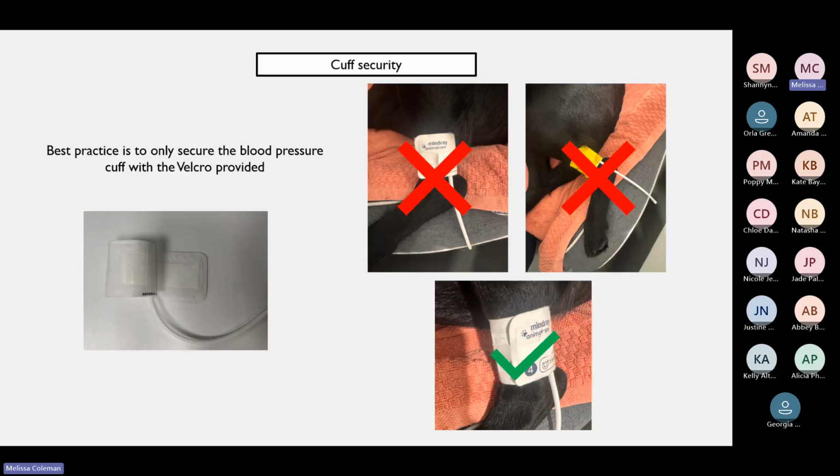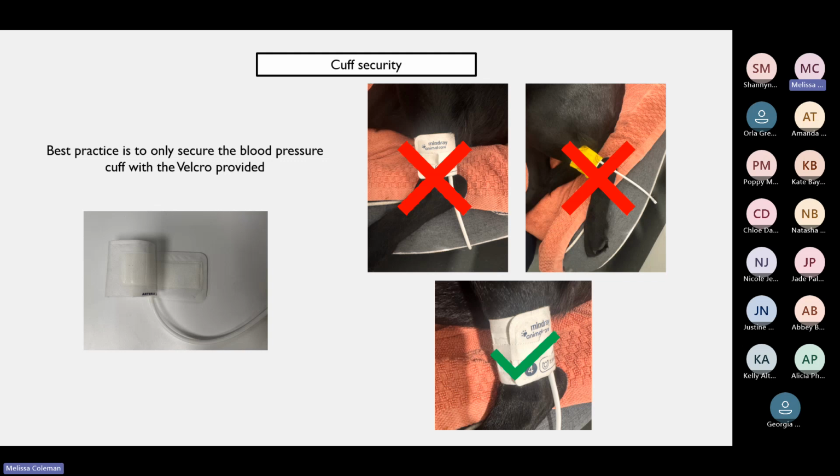Cuff security. Best practice is to only secure the blood pressure cuff with the Velcro provided. However, we all know the Velcro provided kind of sucks after a while. Use it 3 times and it sucks a little bit. So a lot of people use tape or vet wrap to secure them. We shouldn't be taping all the way around, like shown in this picture.